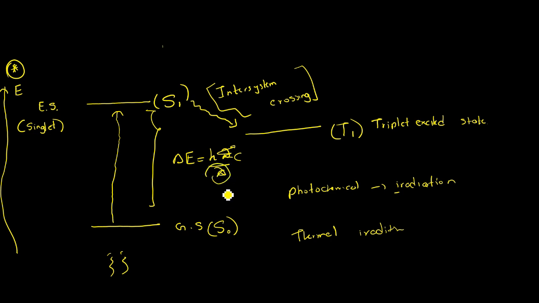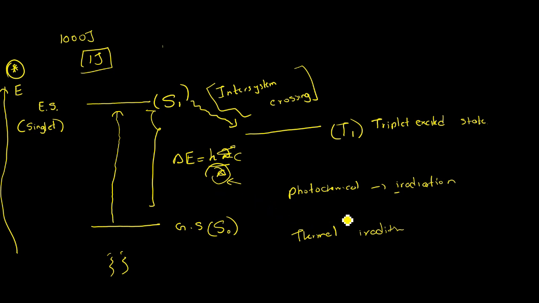So your energy contribution should be specific to this lambda value. But when it comes to thermal irradiation, we don't have this specific wavelength. We have a wide range of wavelengths of energies. So if you supply, let's say, 1000 joules from your thermal irradiation, only 1 joule will be available for the excitation, because only 1 joule would satisfy this lambda value expectation.